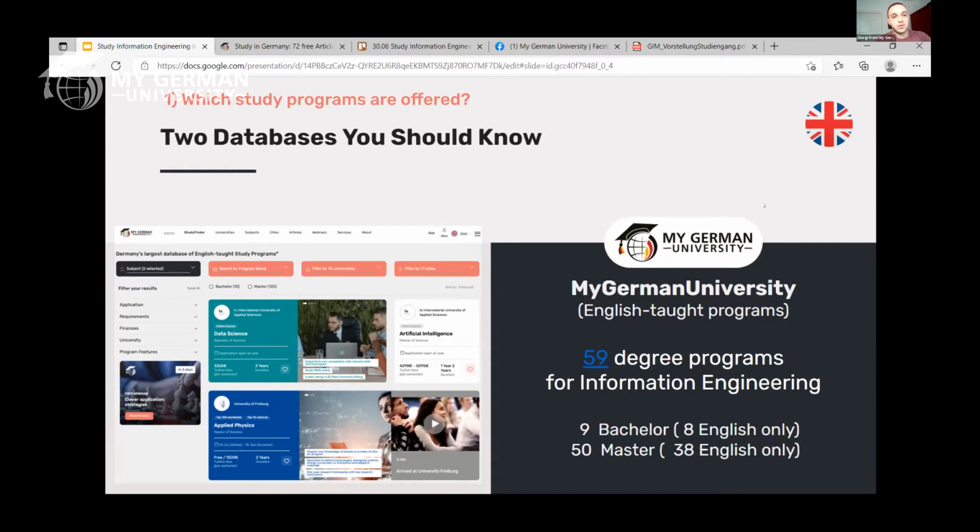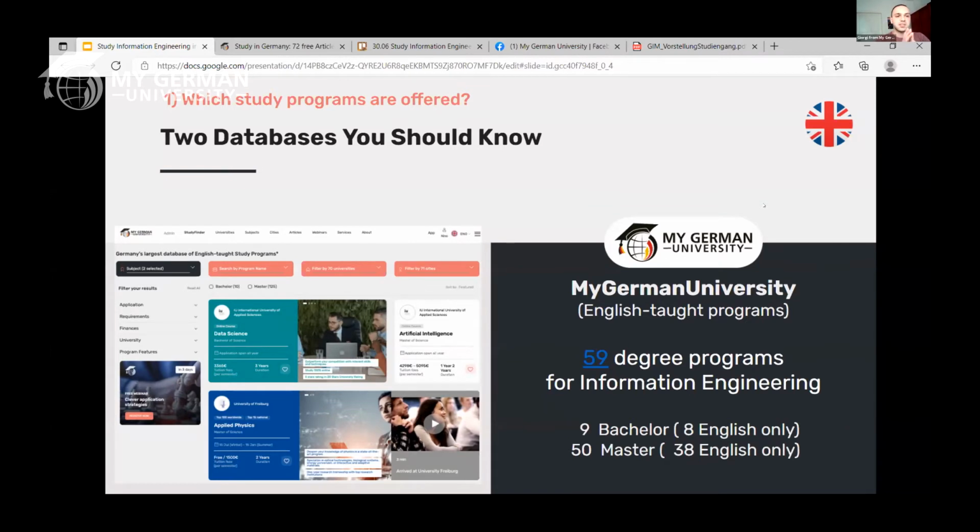And if you search for programs in information engineering in Study Finder, then you will find 59 degree programs, 9 bachelor and 15 master level programs. Out of these, 8 bachelor and 38 master programs will be English only. So in total, we will have 46 English-only taught programs.